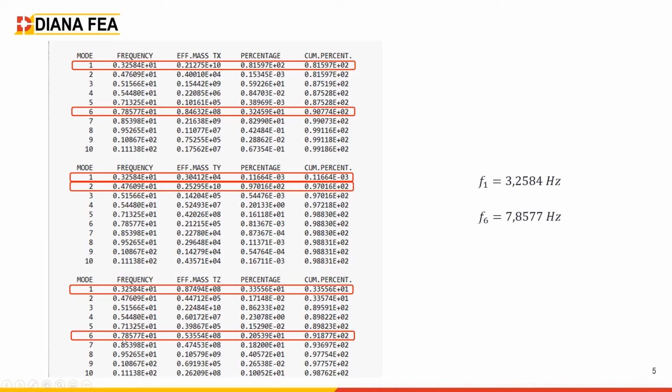So based on that, basically the two frequencies Fi and Fj, if I refer to the Chopra equation that we can use, are basically the first one, which is 3.25 Hertz, and F6, which is 7.85 Hertz.